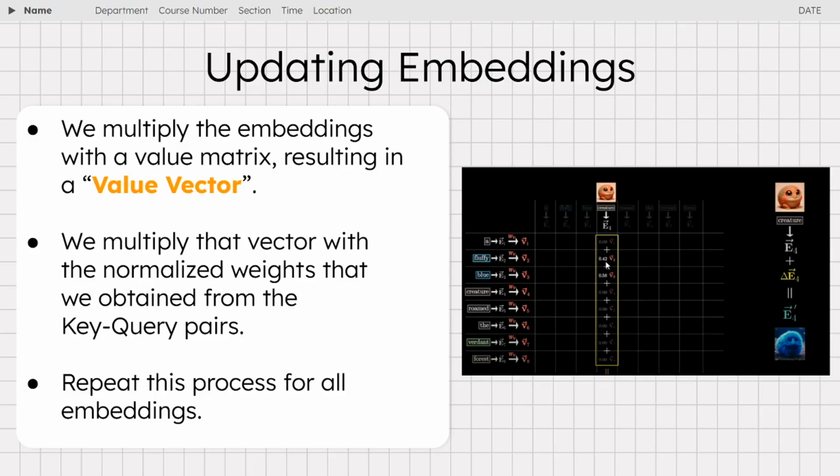So we multiply the weighted values with the vectors from the value vector. This will basically be a list of changes that we add to the original embeddings to get a more refined embedding that has the meaning of blue and fluffy for the creature.